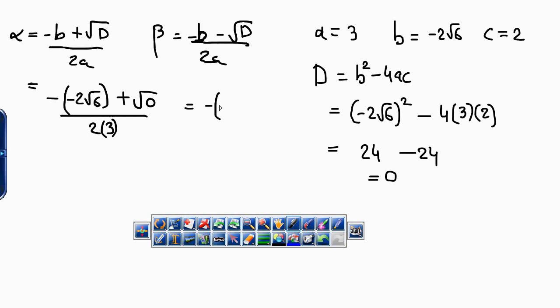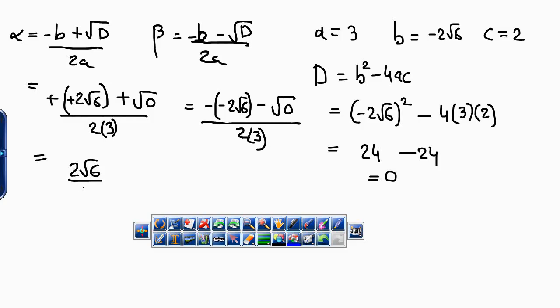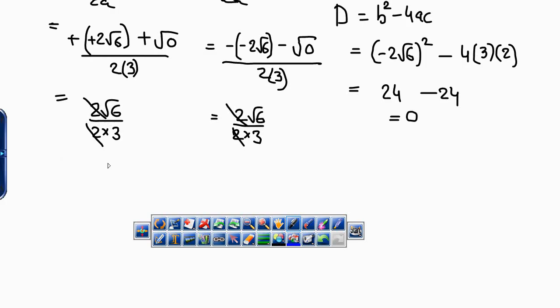Minus b minus root d upon 2a. अब प्लस रूट ज़ीरो करोगे माइनस रूट ज़ीरो, सब सेम आएगा. माइनस माइनस प्लस 2 root 6 अपॉन 2 into 3. 2 सीधा कट. यहाँ पे भी 2 root 6 अपॉन 2 into 3. बोथ द जीरोज आर सेम क्योंकि डिस्क्रिमिनेंट 0 है.